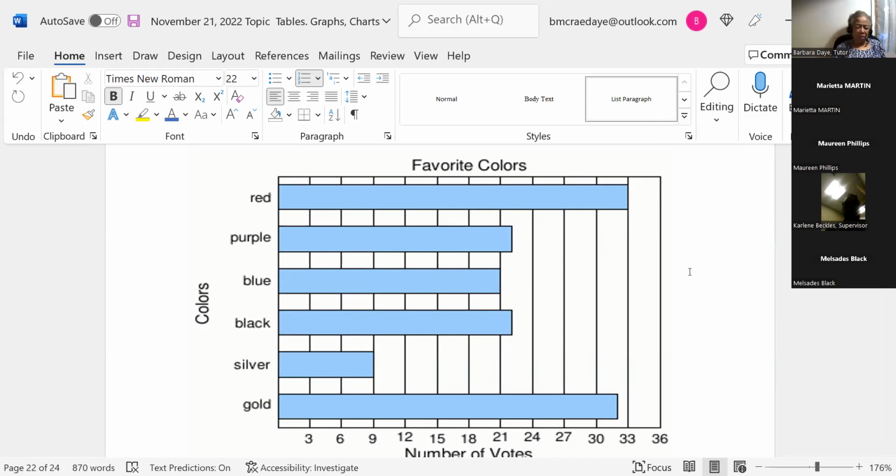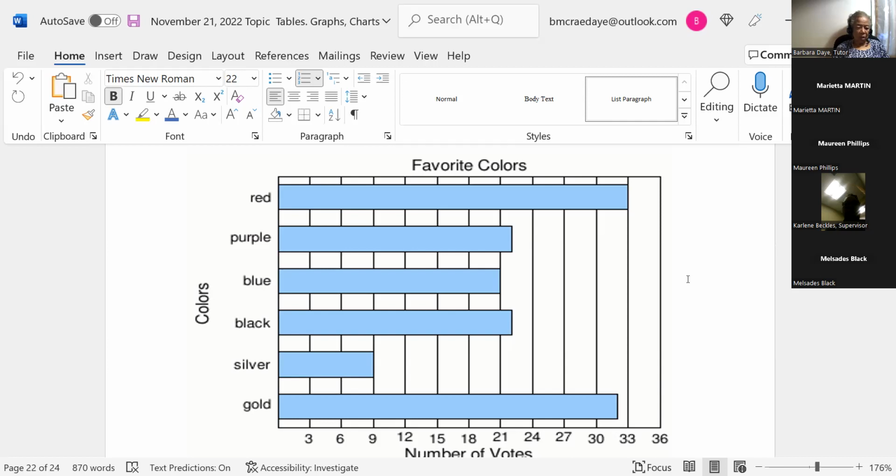Mercedes, check your math because the answer you gave was incorrect. I got 33 for the red, 21 for the blue. That's right. What'd you get for the black? I get 23 for the black. Well, it's closer to 22. Okay, 22.